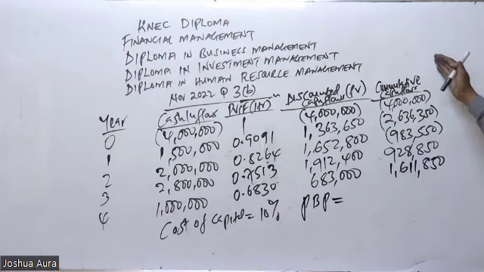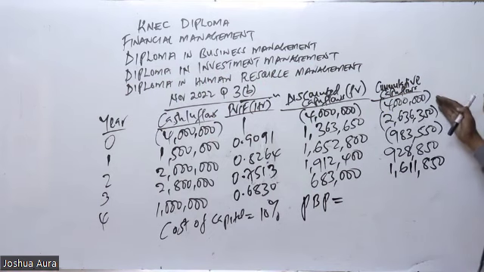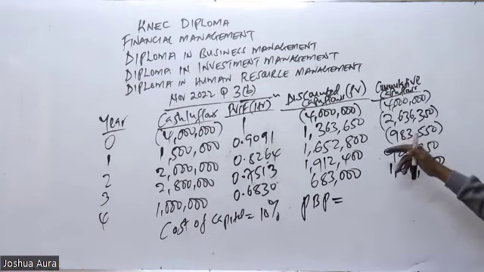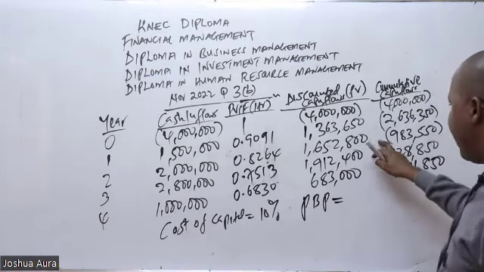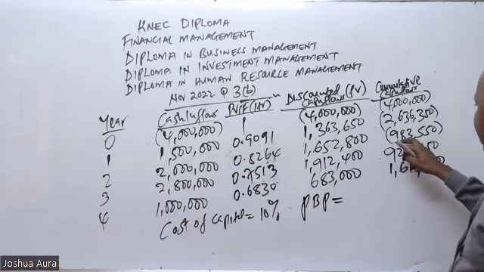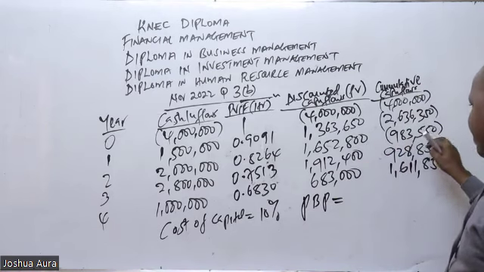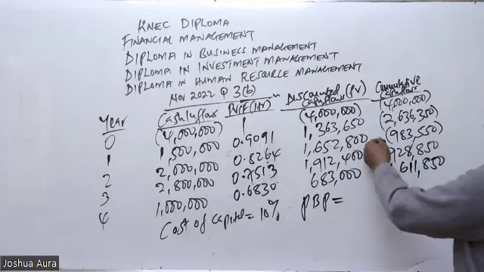So you will come here to your cumulative cash flows column. Then you go up to the last negative figure, which is 983,550. This is the last negative figure.